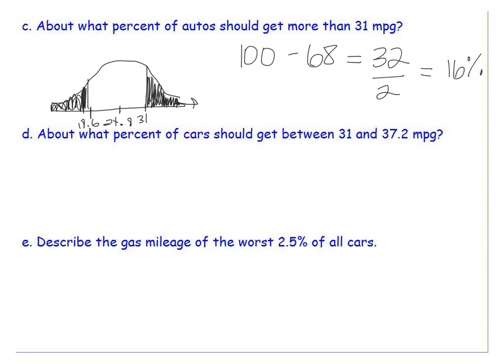So let's try a similar question. About what percent of cars should get between 31 and 37.2? Well, if you glance back at your previous slide, again, I'm going to draw a rough sketch. That was your middle. 31 was your first marking to the right, and 37.2 was your second. We want the area between them. So again, your high end this time is the 37.2.